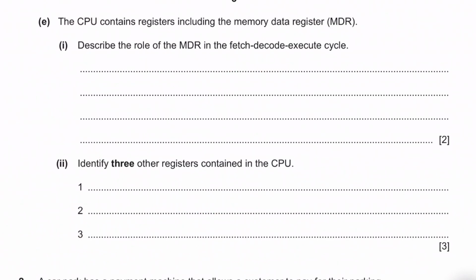The CPU contains registers including the MDR, the memory data register. Describe the role of the MDR in the fetch, decode, execute cycle. First of all, I would bullet point this because it stores data. That would give me 1 mark.